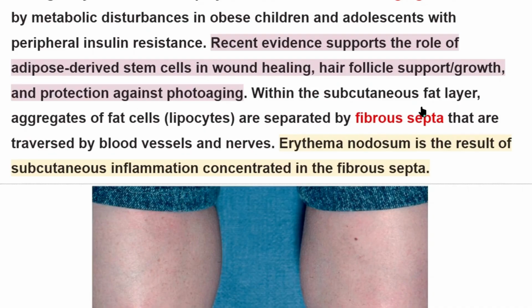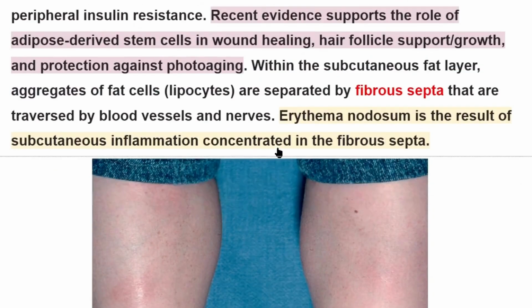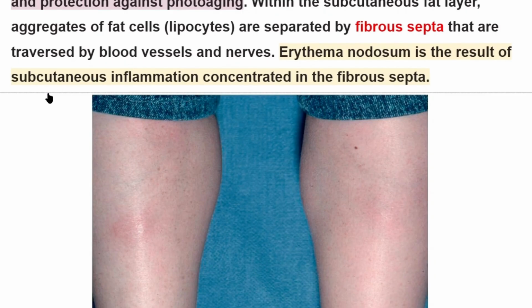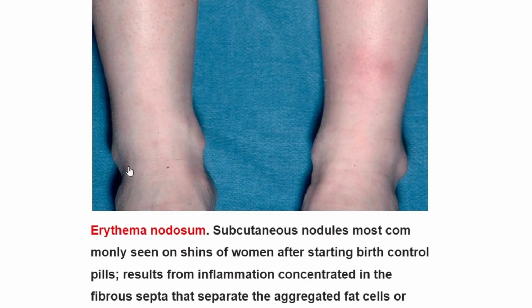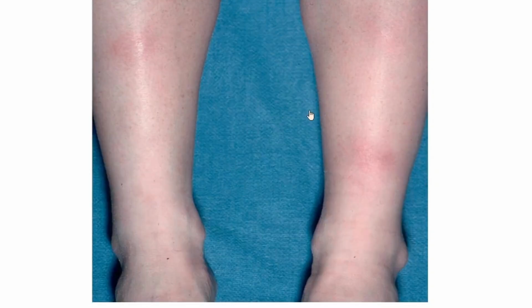Within the subcutaneous fat layer, aggregates of fat cells or lipocytes are separated by fibrous septa that are traversed by blood vessels and nerves. Erythema nodosum is the result of subcutaneous inflammation concentrated in the fibrous septa. As we can see here, we can see erythema nodosum in this patient.